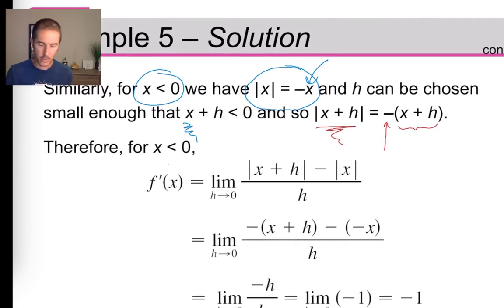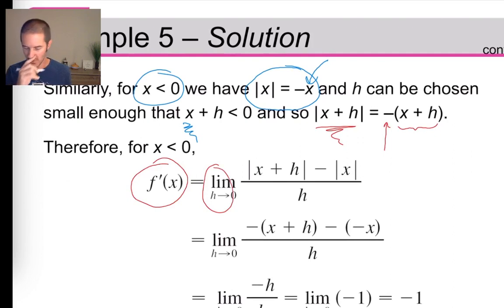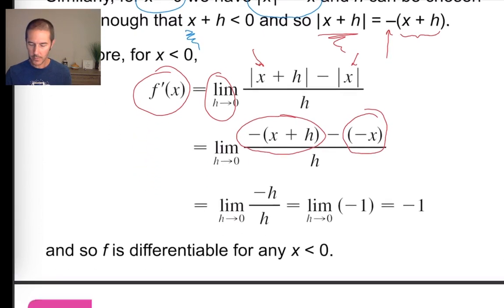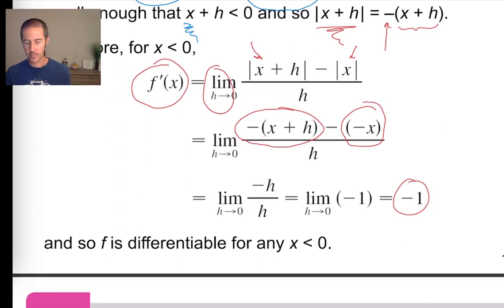Therefore, as we go through the process of finding our first derivative, we take the limit as h goes to 0 of f of x plus h minus f of x. But remember now, x is less than 0, and we're interpreting that as the opposite, so here we're returning the opposite value from our absolute value function. Process, first derivative is equal to -1 for x values less than 0.